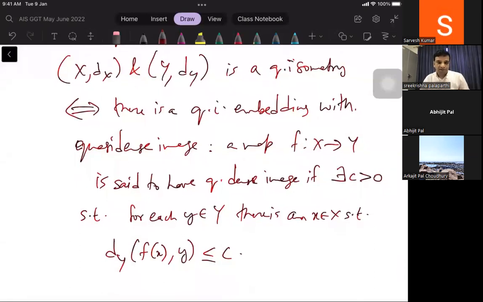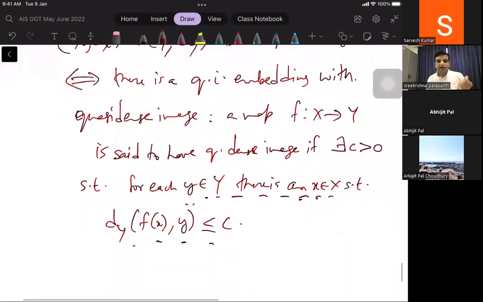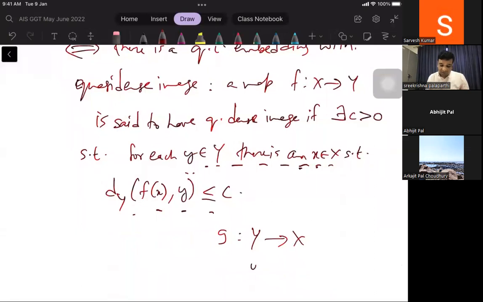Because the quasi-dense image tells us that for each y in Y, there is an x which satisfies this. By axiom of choice, from among those points, you pick a particular point, and then you can construct a map G from Y to X by sending any y to that particular x which satisfies this property.